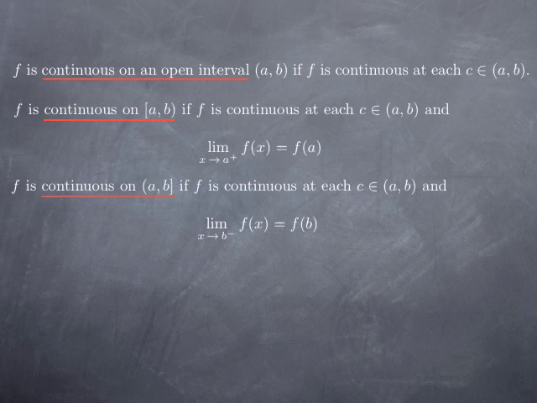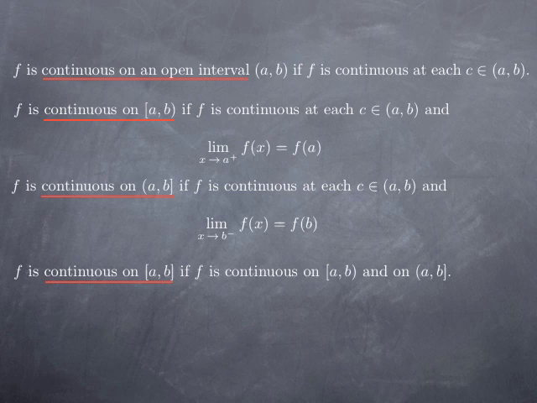Again, that means we have the condition of continuity, that is, to get the limit, you plug x equal b inside the function and you get f of b. But we have that only for the one-sided limit that is defined on that interval. Of course, continuity on a closed interval on both sides is continuity on the open interval and this one-sided condition at each one of the endpoints.